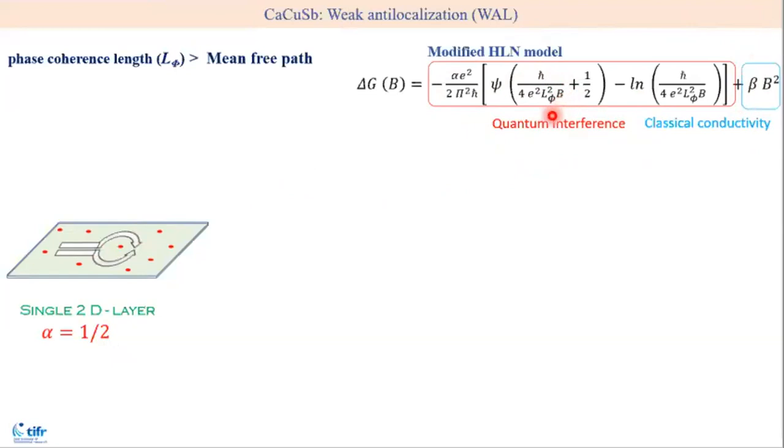It has a function of L phi, that is the phase coherence length, and the alpha parameter, which indicates the number of conduction channels in the system. If you have a monolayer, then you expect alpha to be half, or 1 if you consider some degeneracy, and for a 2 layer, 2.